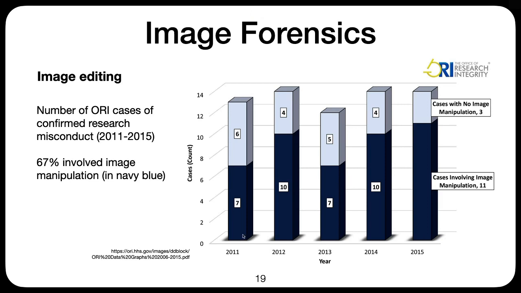And as you can see here, from 2011 to 2015, of all the retracted papers according to investigations they made, more than half, I'm talking about 67%, involved problems with images. So many of these works had tampered images, images that were doctored.